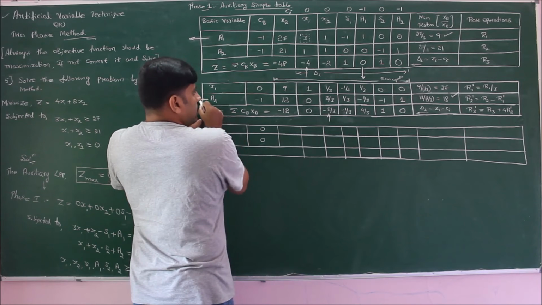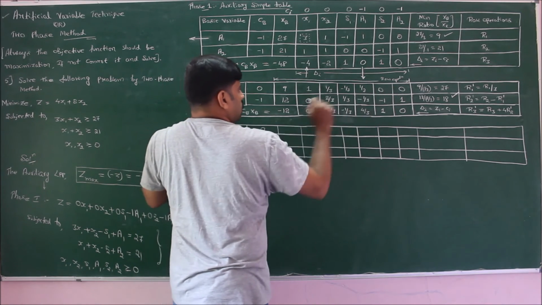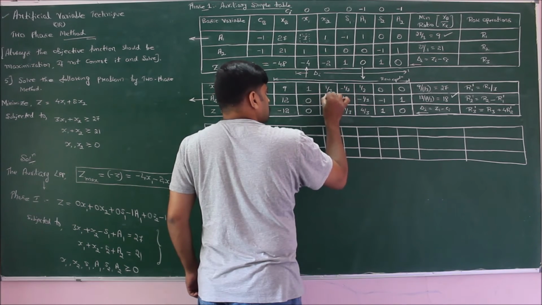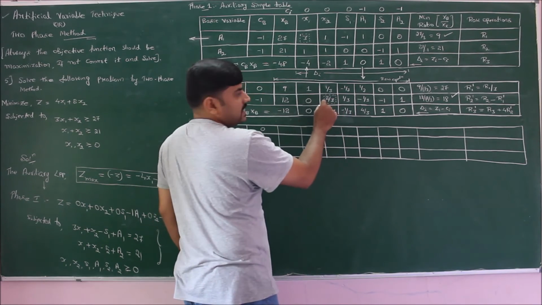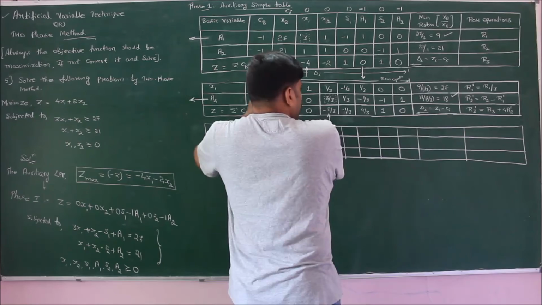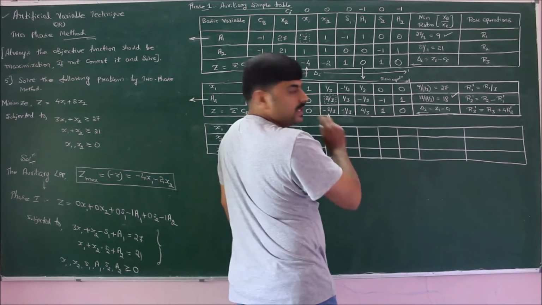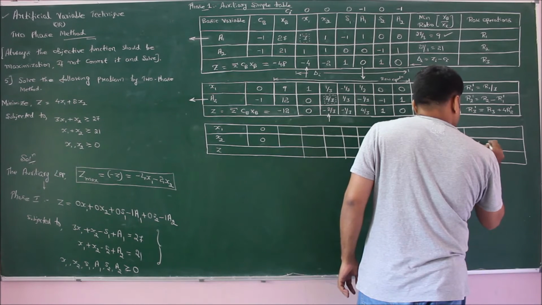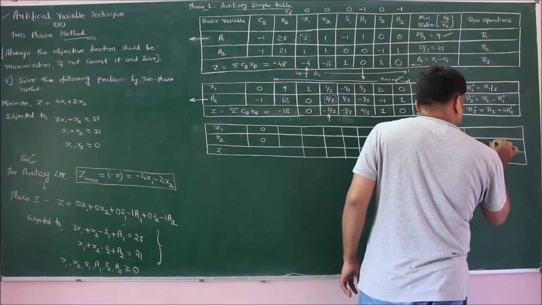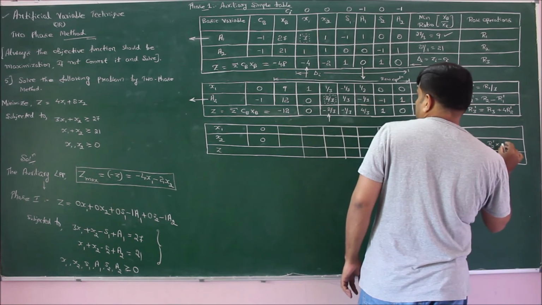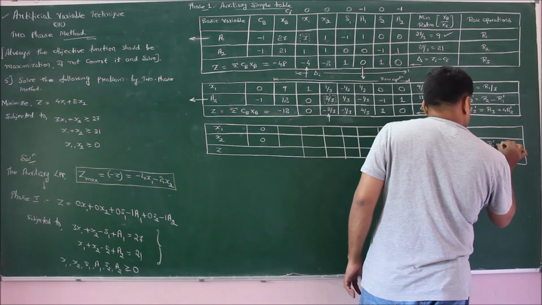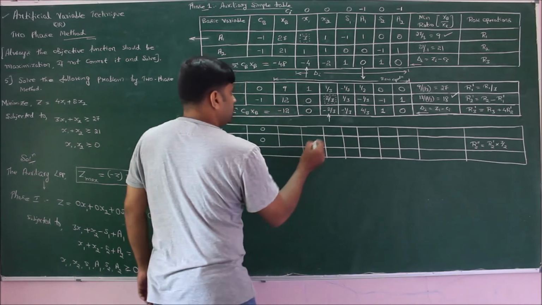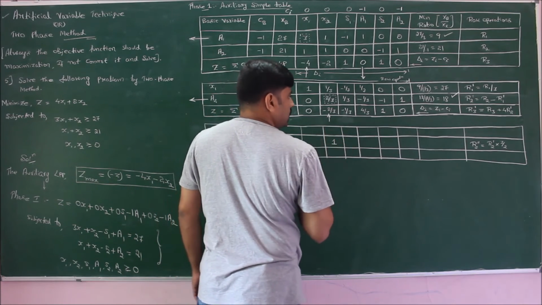Now the key row is row 2 and the key element is 2 by 3. So first I should make this key element as unity, therefore divide this entire row by 2 by 3. So I'll get row 2 double dash is equal to row 2 dash multiplied by 3 by 2. Thereby I can make this key element as unity.